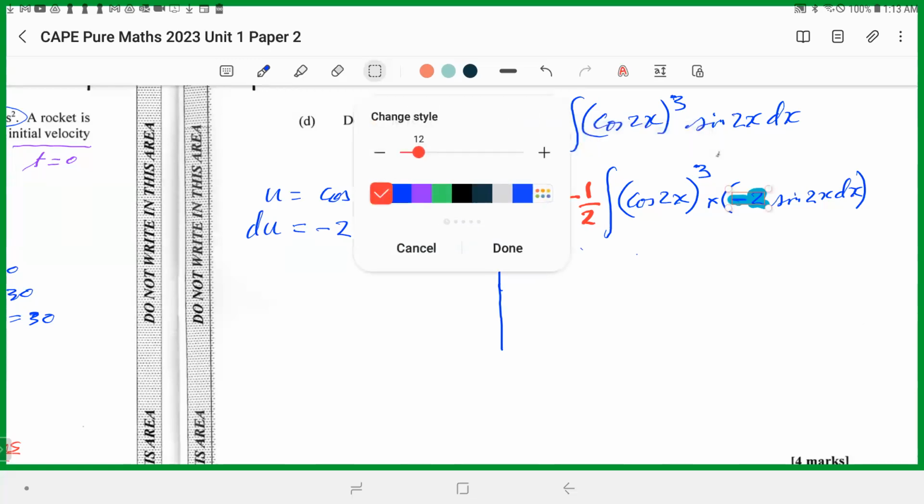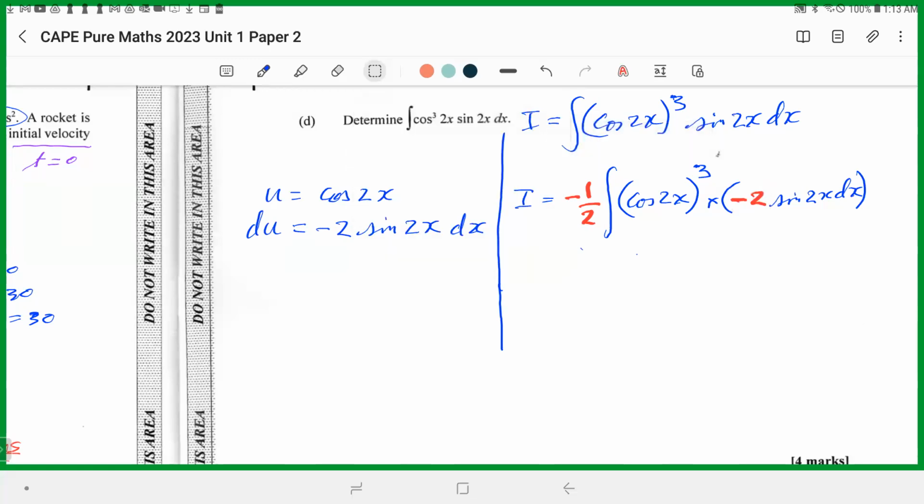So that is the adjustment that was made. They balance each other as I'm trying to generate this under here. So now I'm ready to do my substitution.